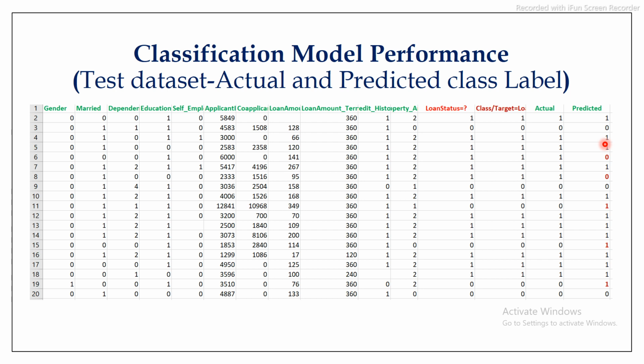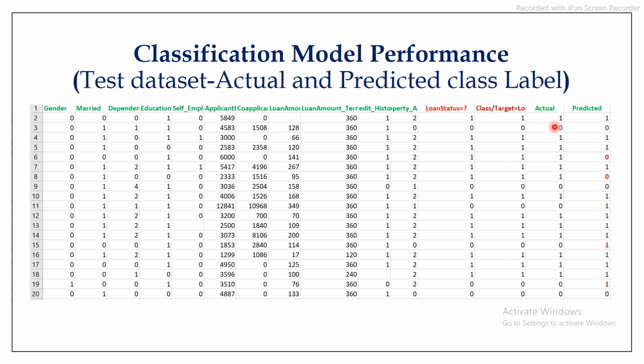So if you see this confusion matrix, let's say this is the traditional data you have, the training data. Now you are applying the test data. Your data actually has 1, and your model has predicted 1 also.